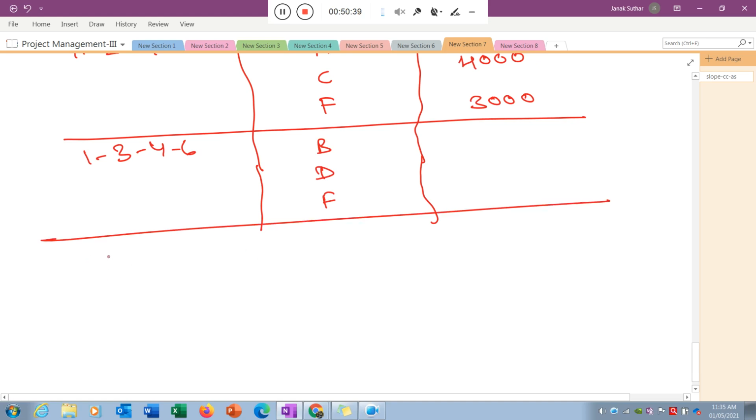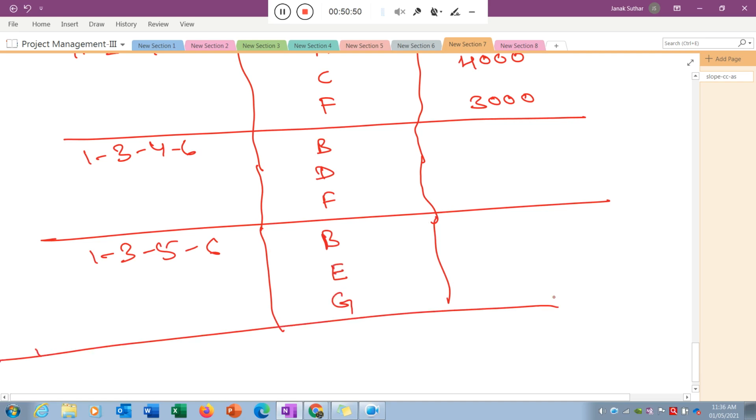The next path is 1356, B, E, G, and the respective slopes I write down here: 2000. You cannot crash this particular one as mentioned in the problem. This is 3000. For B 2000 is the slope, for E it is 7000, and for G it is equal to 6000. I just put here.